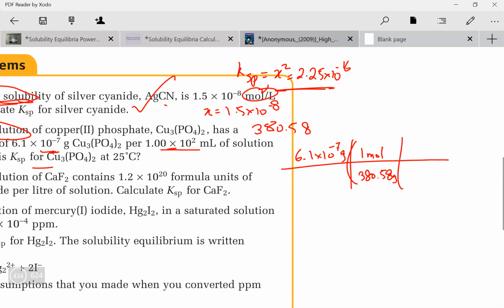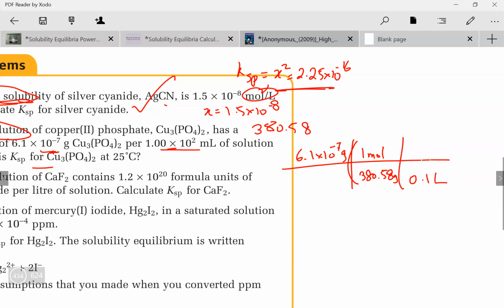Now that I have moles, I'm going to convert into concentration, so I divide by volume, 100 milliliters, which is 0.1 liters. So 6.1 times 10 to the power negative 7 divided by 380.58, also divided by 0.1.